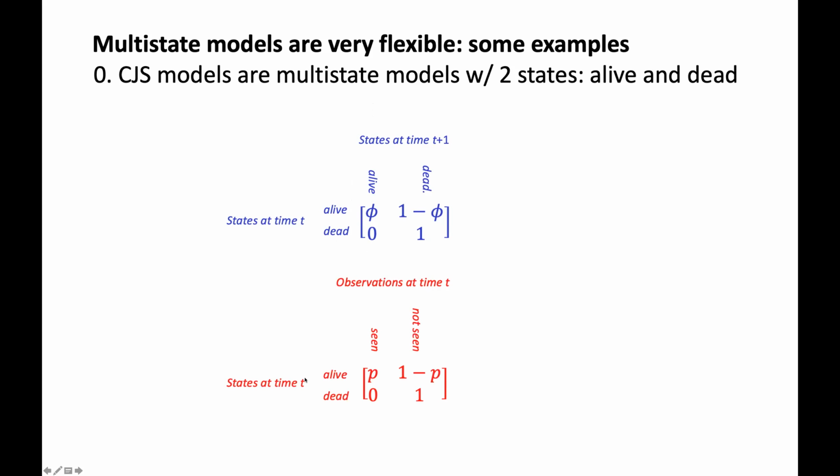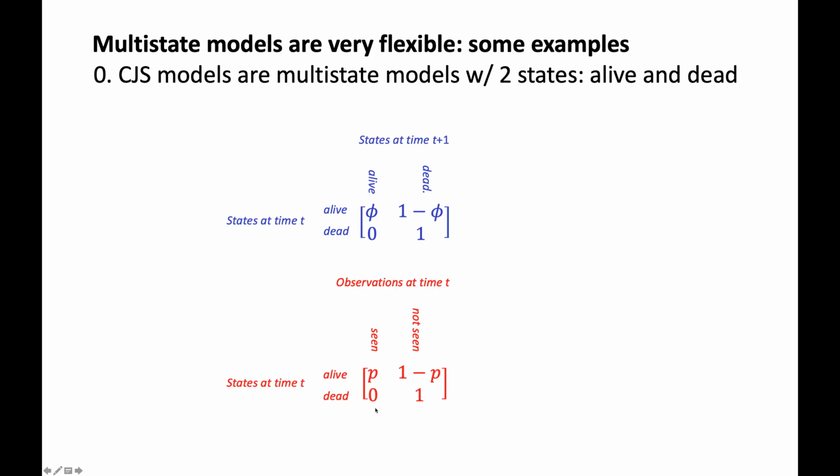And your observation matrix, again, you have the state in rows at time t, and you have the observations at the same occasion in columns. So you have seen and not seen. The probability of being detected, given that you're alive, is the detection probability by definition. And the probability of being missed or not seen is 1 minus p, given that you were alive.